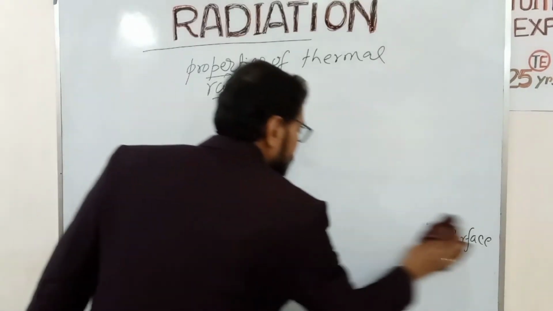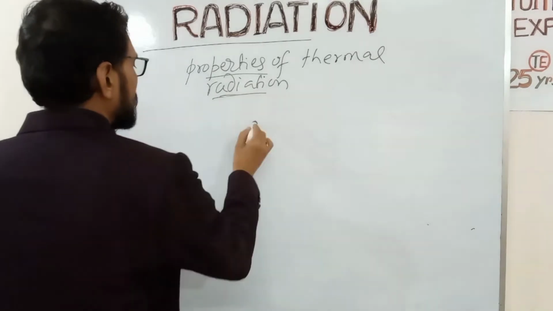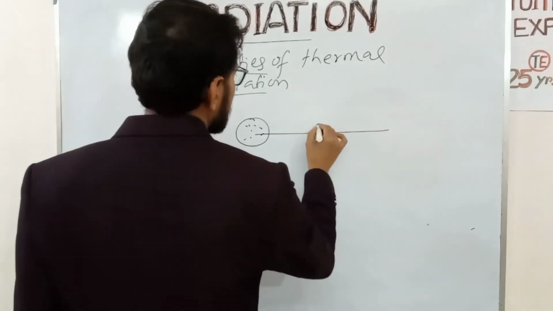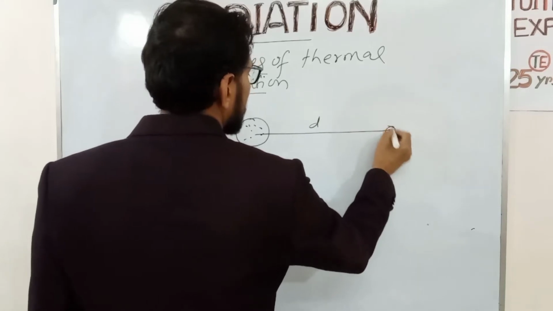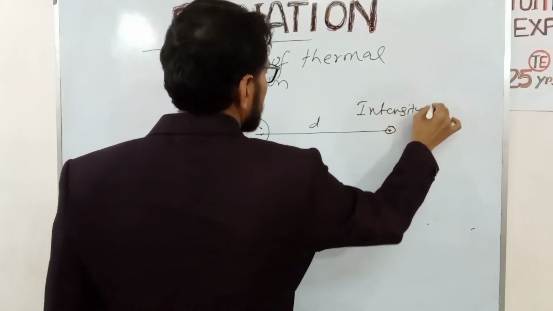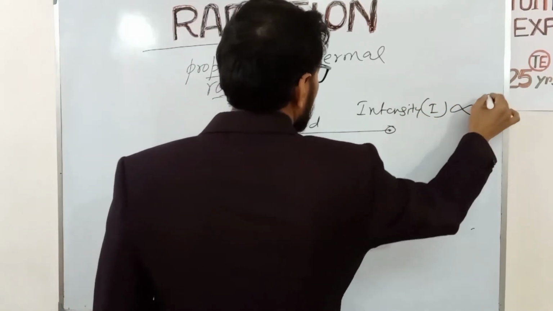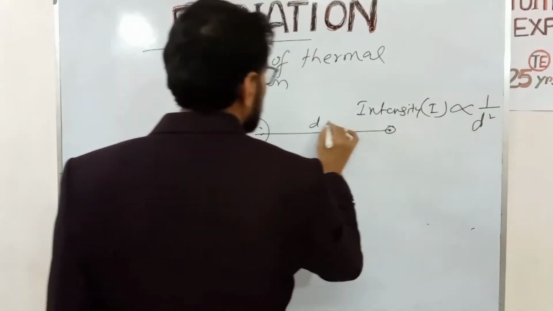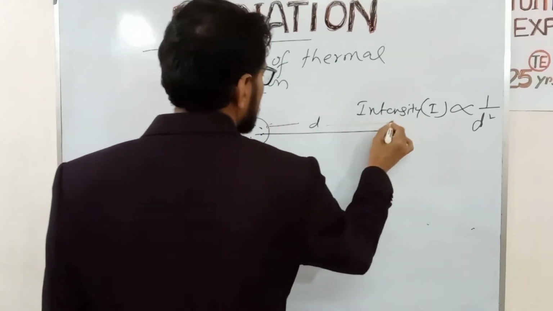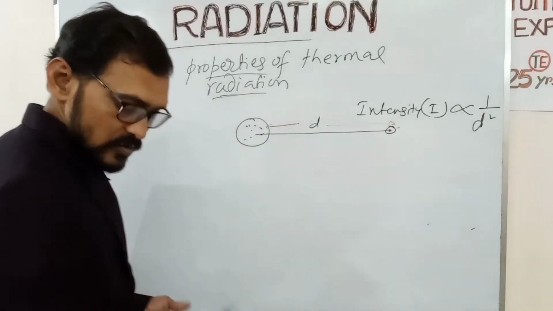And suppose this is a hot body, and at a distance d, the intensity of the radiation is proportional to 1 by d square. d is the distance of the point from the source.